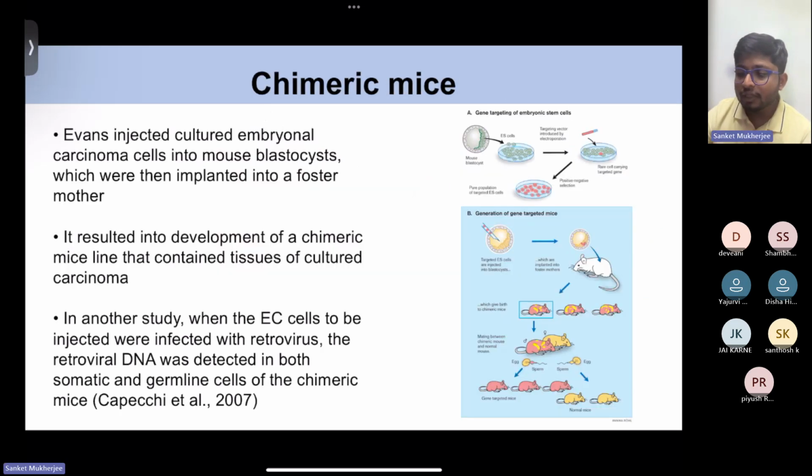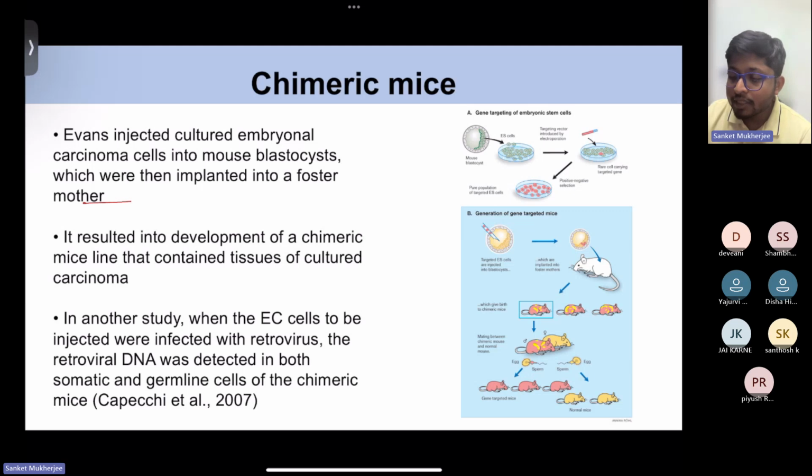So that's one thing. Evans was able to create chimeric mice. Chimeric organisms means when there are multiple cell types in an organism; those are called chimeras. So he injected cultured embryonal carcinoma cells into mouse blastocysts, which were then implanted into a foster mother.